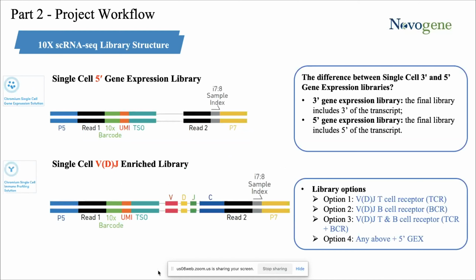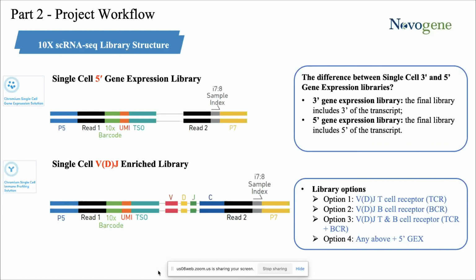The single-cell 5' gene expression and VDJ enriched libraries are constructed from the same kit. This kit takes advantage of the fact that the V, D, and J segments of the B or T cell receptors are located near the 5' end, and VDJ sequences are enriched using sequence-specific primers.